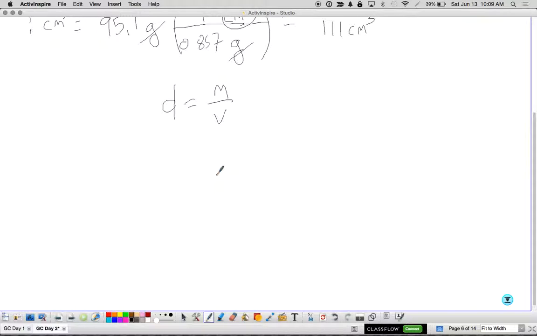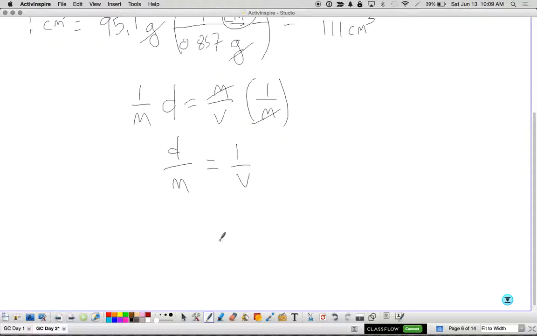A lot of people try to divide both sides by mass, so I get density over mass equals, and now here's the problem. When I cancel these out, what I'm left with is not volume, it's 1 over volume.